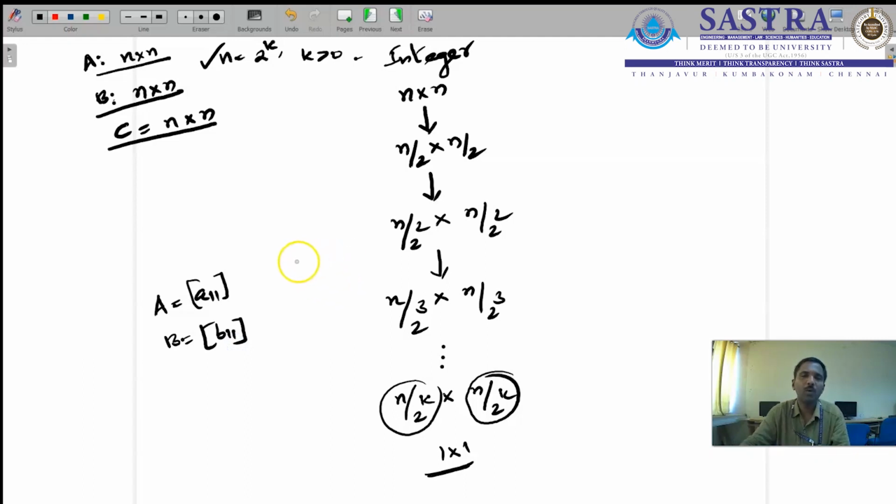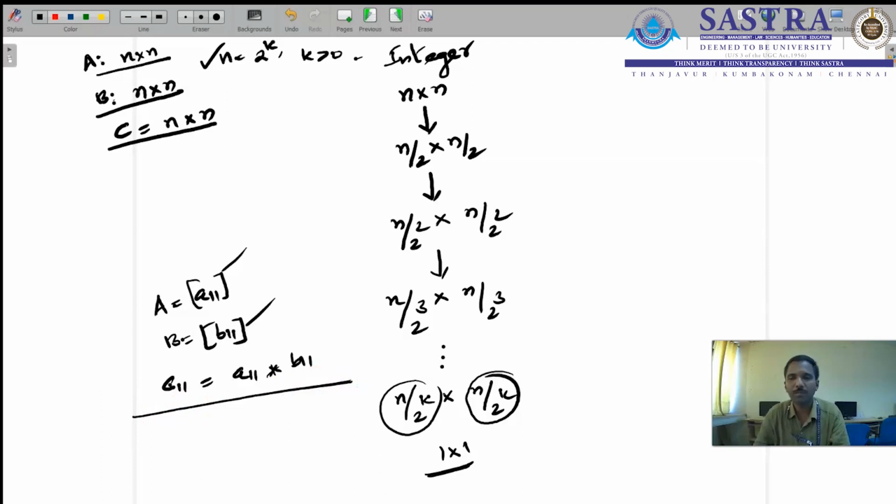What is A11? Only one element, first row, first column. B11, only one element, first row, first column. At this stage, the resultant matrix C11 is obtained directly by multiplying the values A11 and B11.